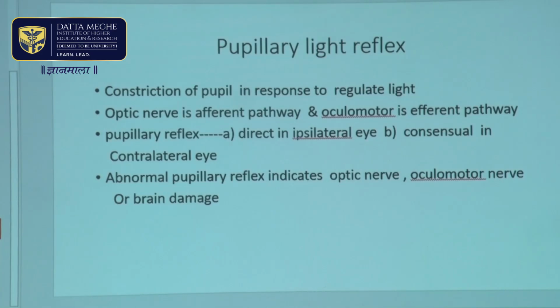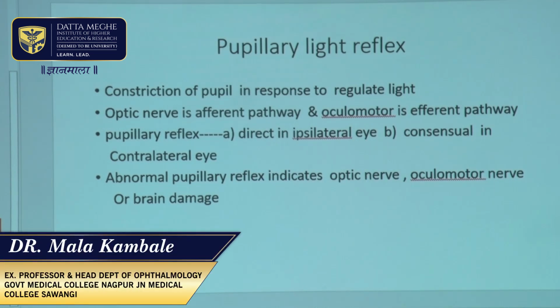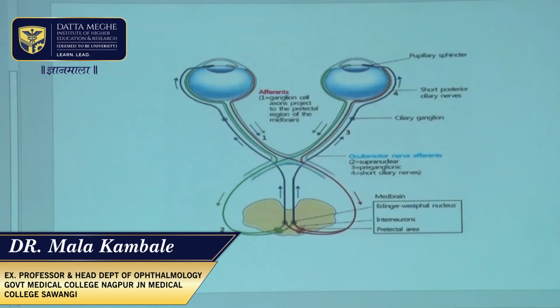The neurosurgeon and neurophysician always see the pupillary reaction. If there are changes in the size, shape and reaction of the pupil, they will come to a diagnosis of what is happening in the brain. Such is the importance of the pupillary reaction.